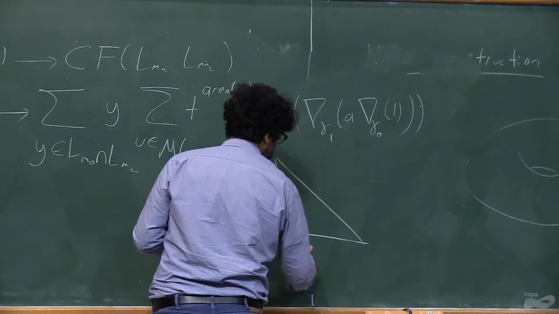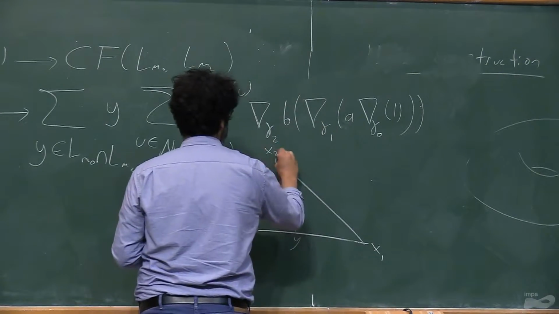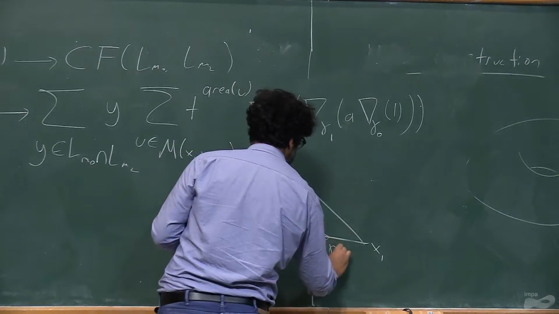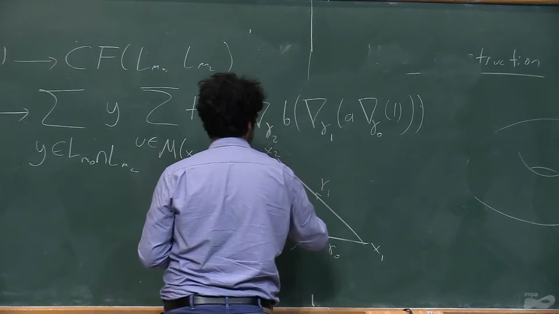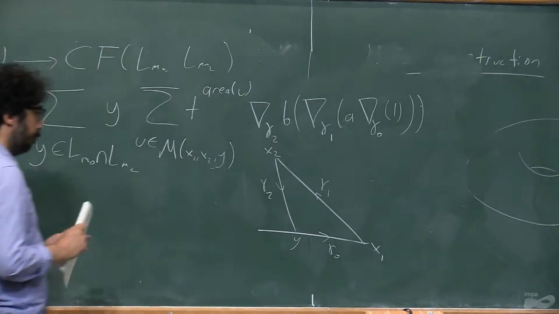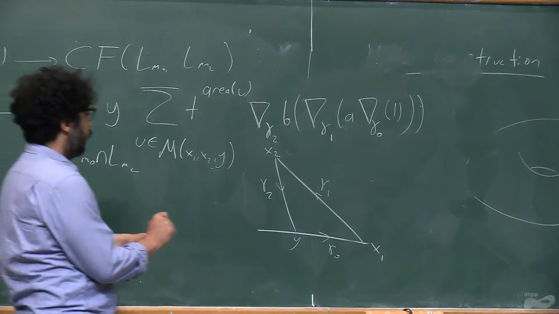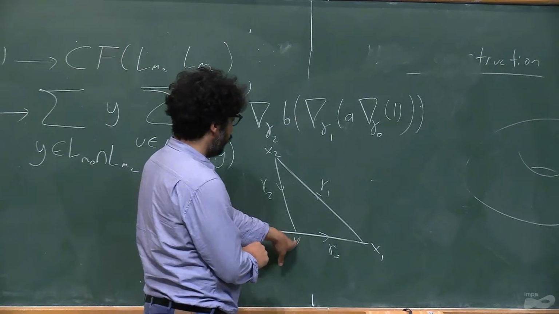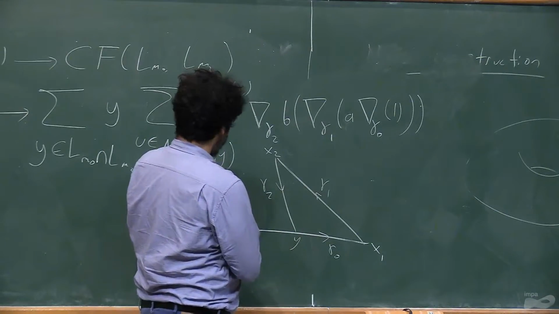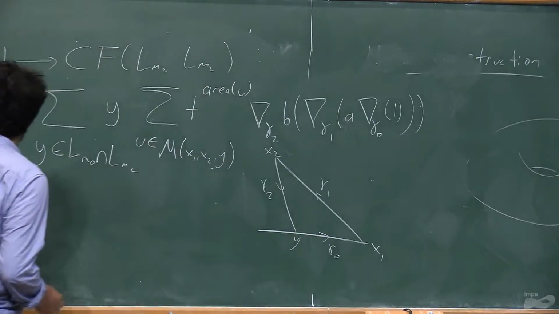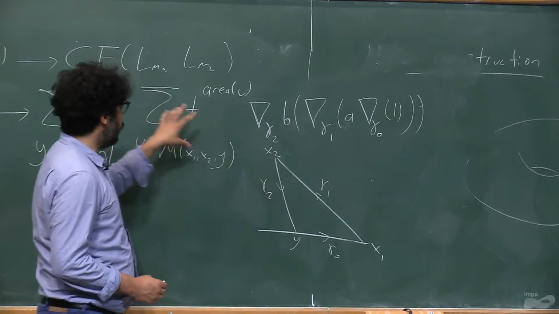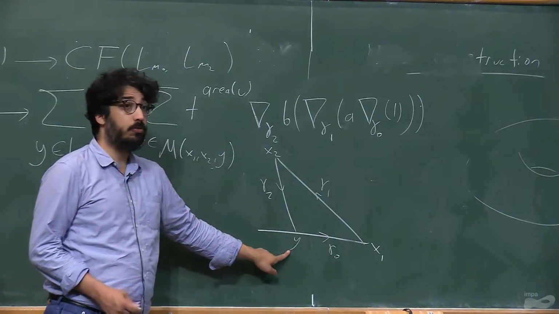Y is the output, x1 is the input, x2 is the input, and this is gamma 0, this is gamma 1, this is gamma 2. Okay, so we start here. So I need to compute the contribution of this triangle to the coefficient of y, right?